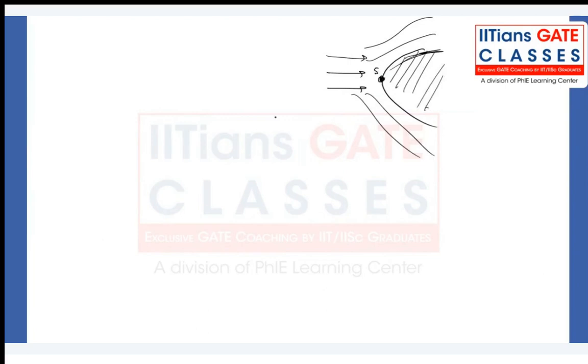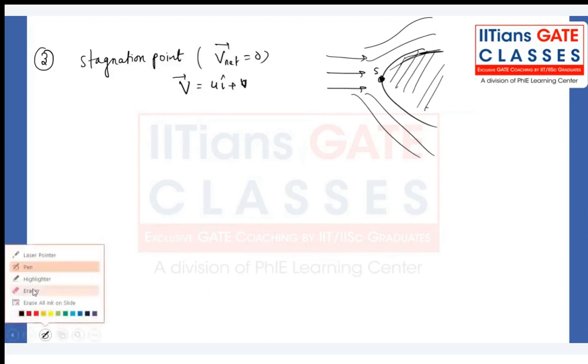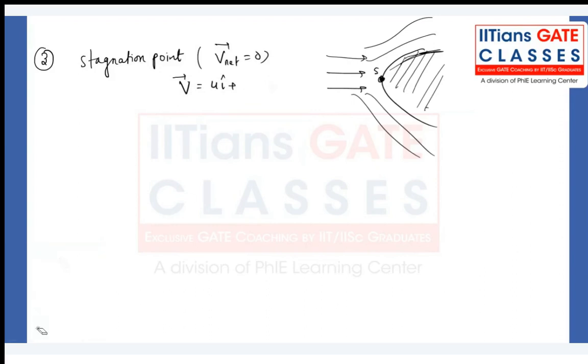So note down, note number 3, stagnation point: the point where the net velocity is 0. That means when you write the net velocity component, that is u i cap plus v j cap, the net velocity is 0 i cap plus 0 j cap plus 0 k cap.